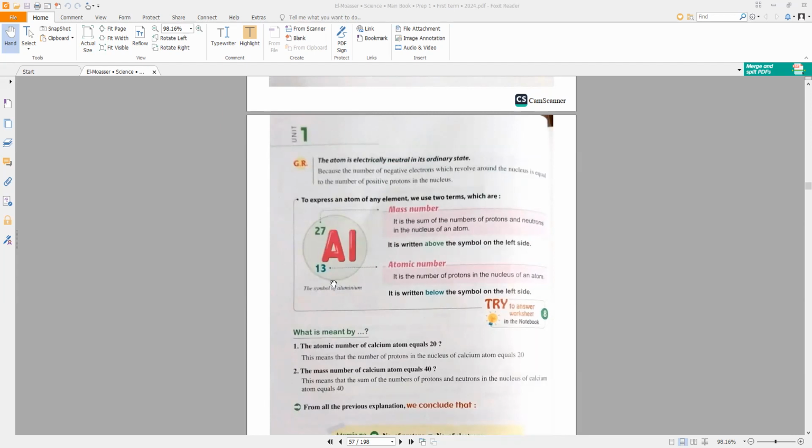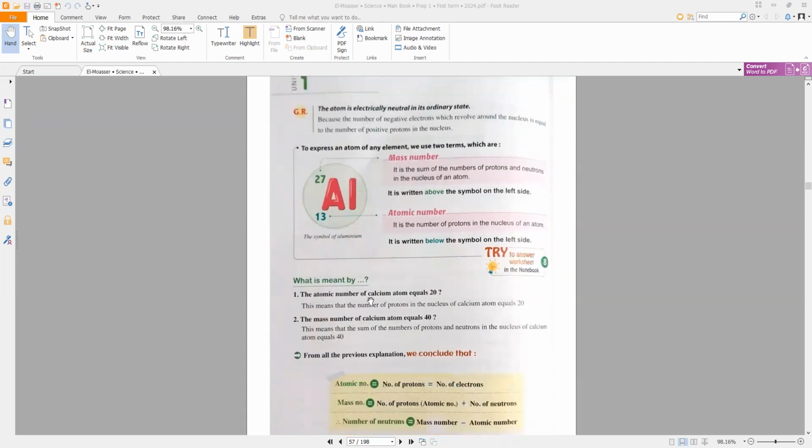The second number is called the atomic number, and it is written under the element. The mass number is the sum, or the total, of the number of protons and neutrons in the nucleus of an atom. And the atomic number is the number of protons in the nucleus of an atom.